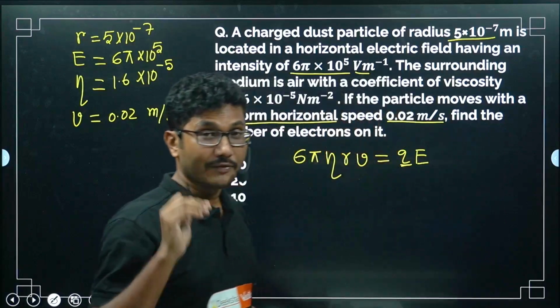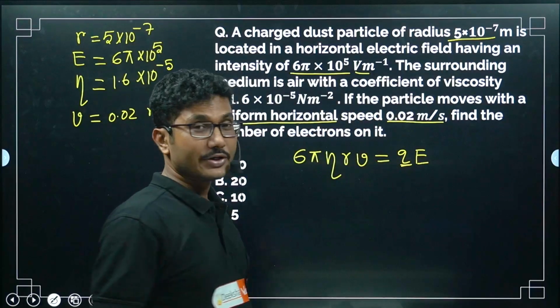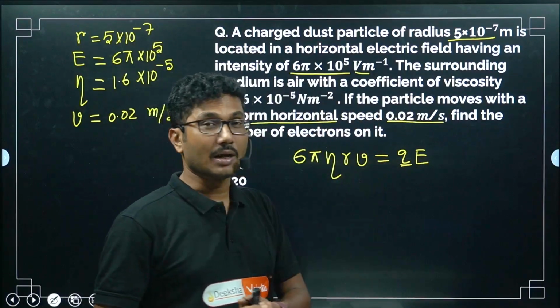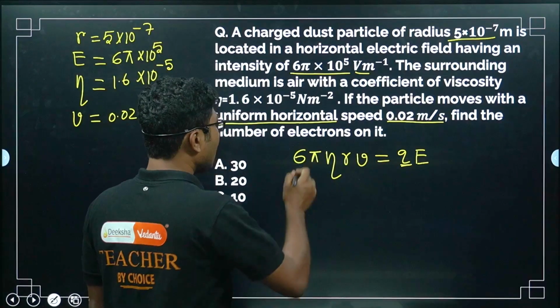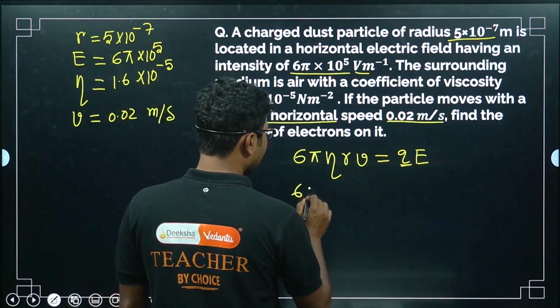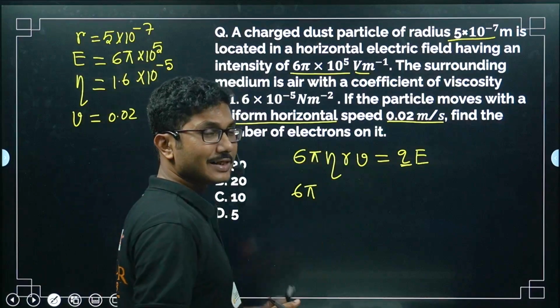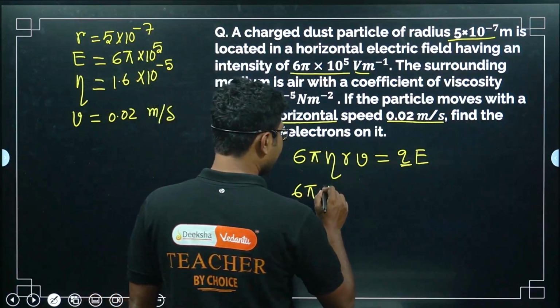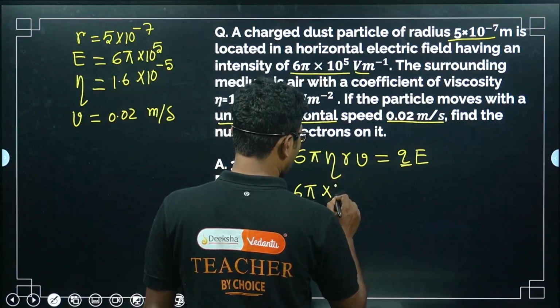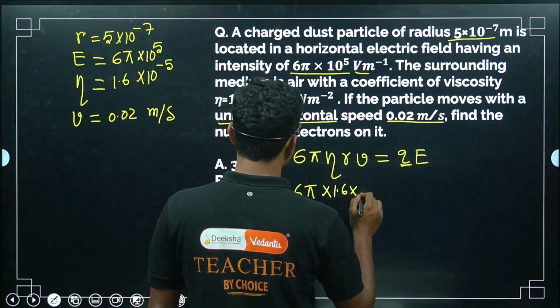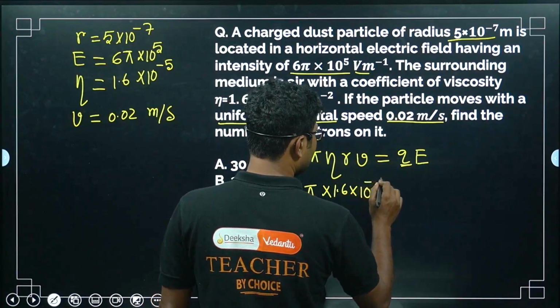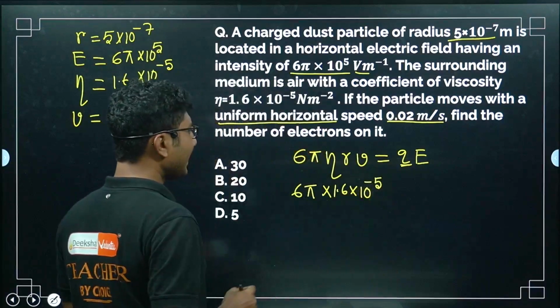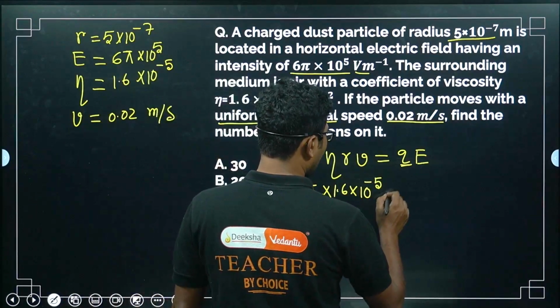So if they have given you this complicated question, that means calculating the number of electrons will not be a challenge. Let's see. So 6 pi, if you see the values, the data is given in such a way that everything will cancel. See, 6 pi times eta, what is the value of eta? Eta is 1.6 times 10 to the power of minus 5, right? And what is R?